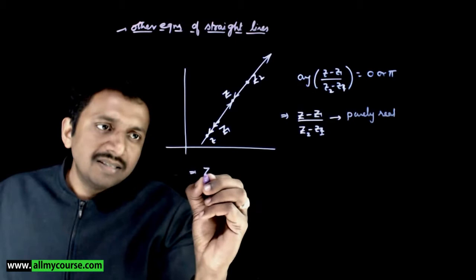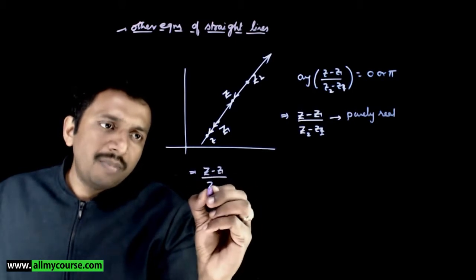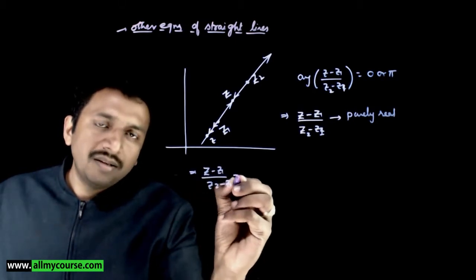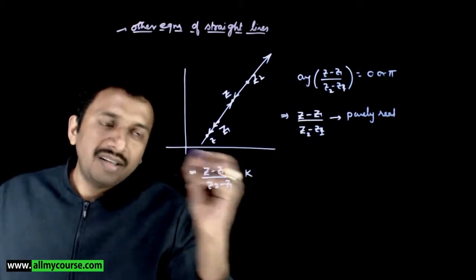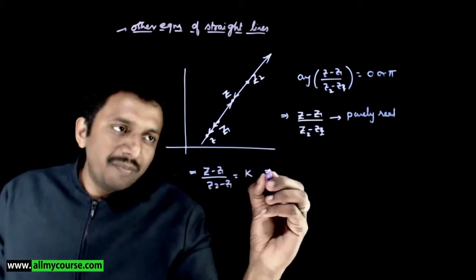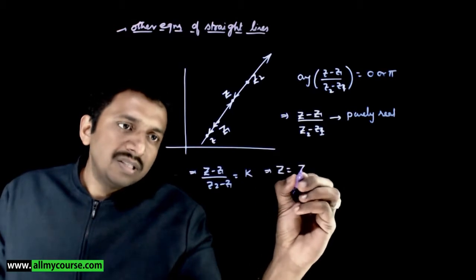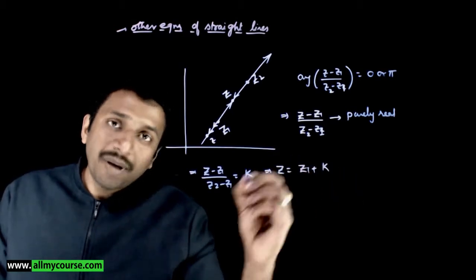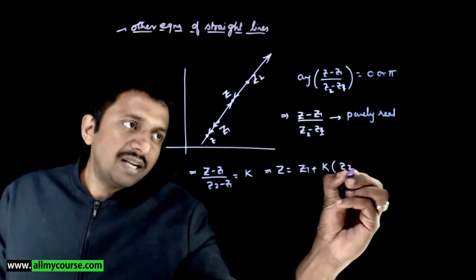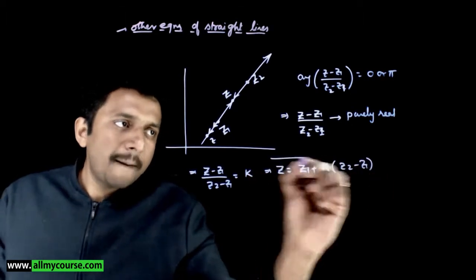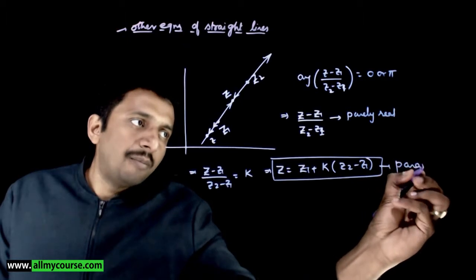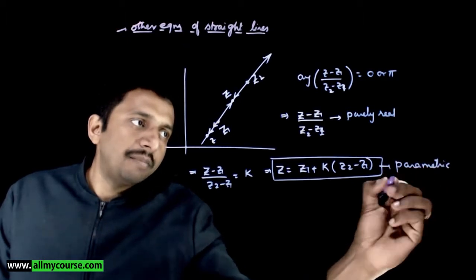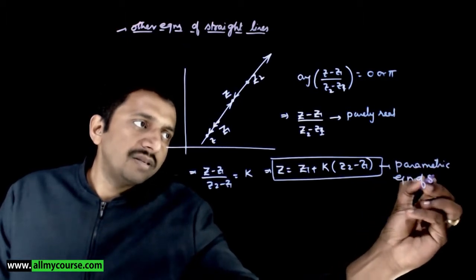This implies (z minus z1) by (z2 minus z1) is equal to some real number k. This implies z is equal to z1 plus some parameter k times (z2 minus z1). This is the parametric form of straight line. Parametric equation of straight line.